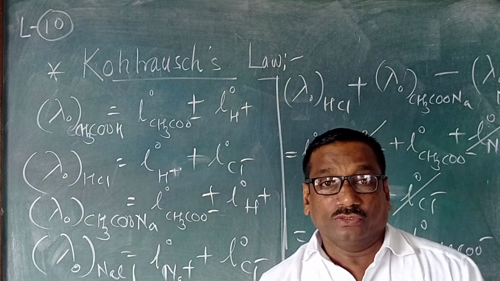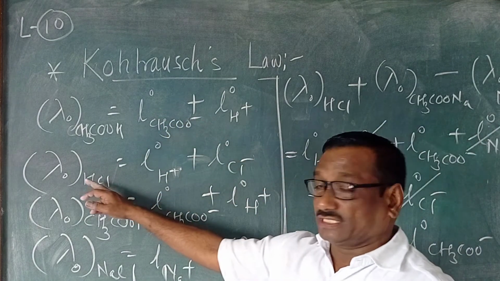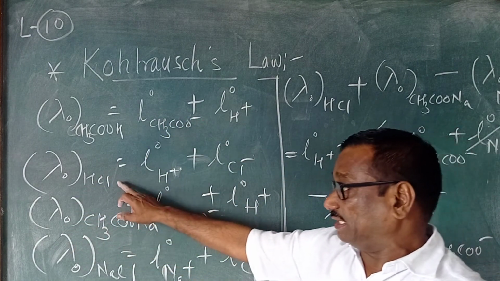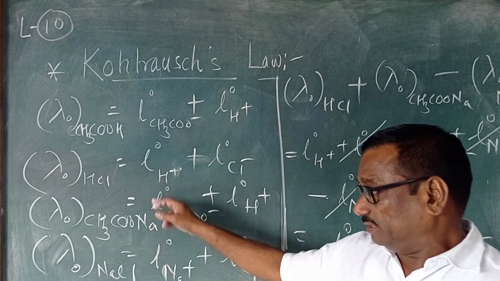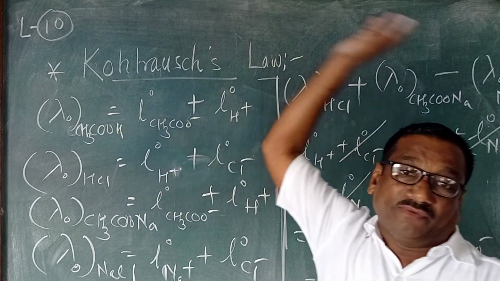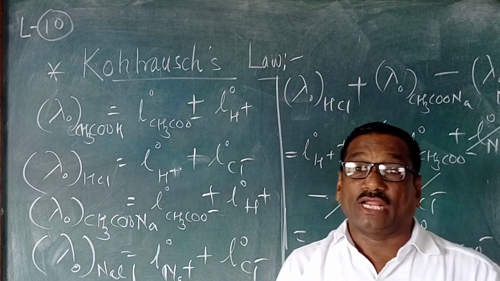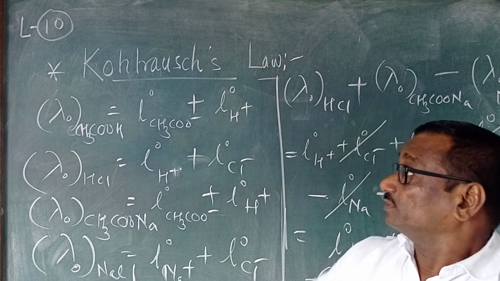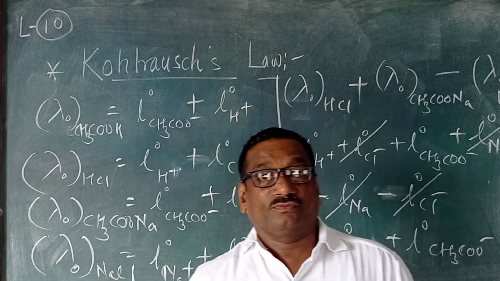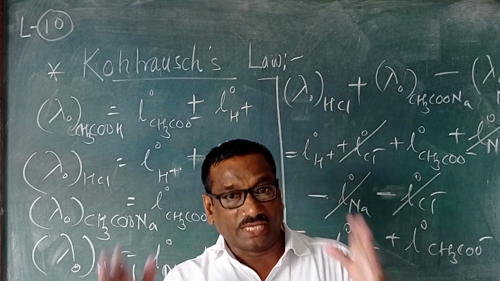If you know the equivalent conductance at infinite dilution for strong electrolytes HCl, sodium acetate and NaCl, you can find lambda 0 for weak electrolyte acetic acid, and therefore this Kohlrausch law is given. Thank you very much.